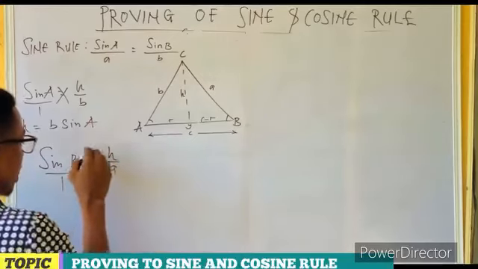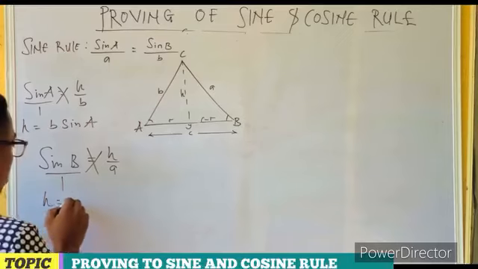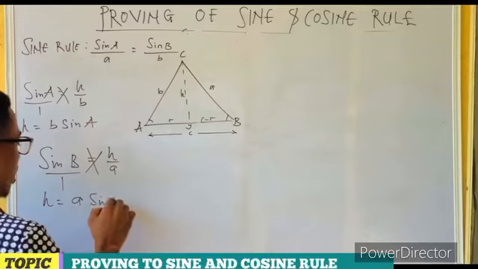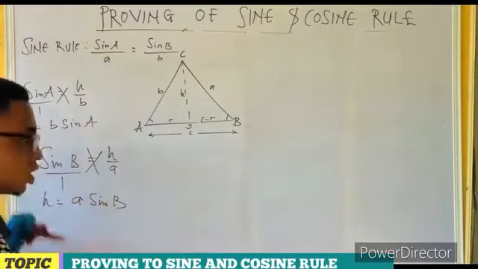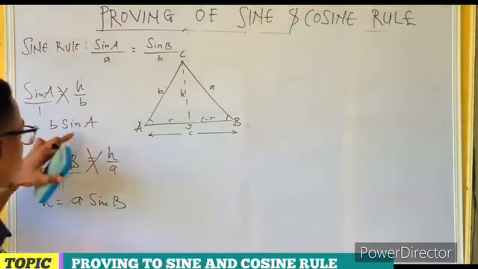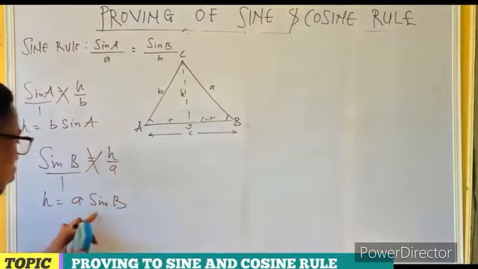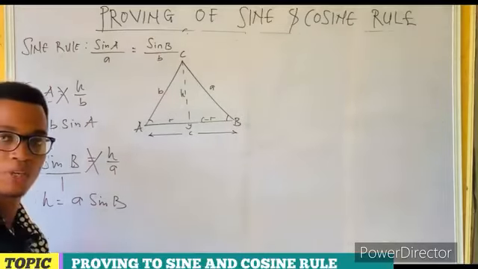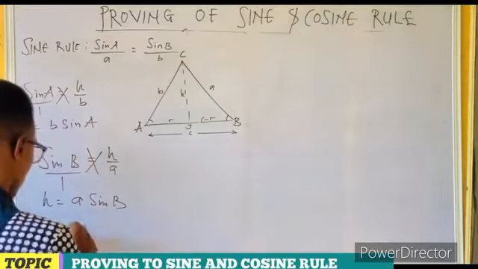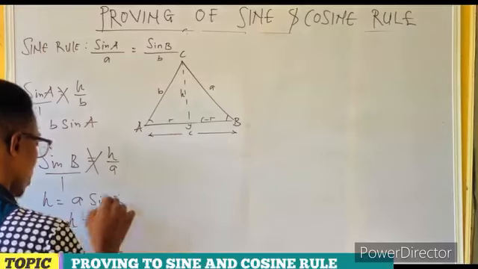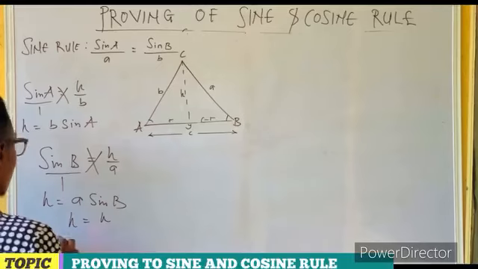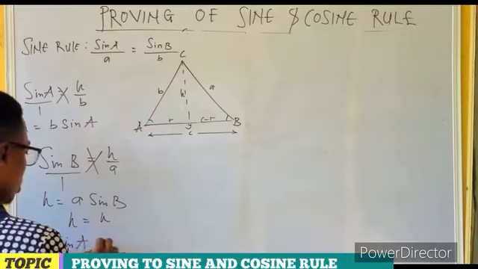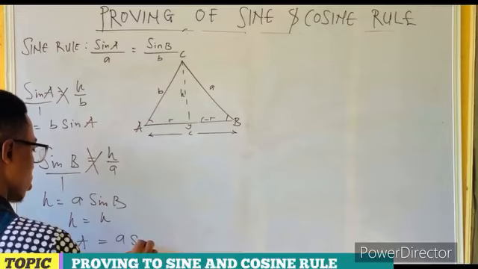We cross multiply as well, where we have h equals a sine B. If you look at these two equations, they are the same because h is equals to this and also h is equals to this, meaning that we can compare the two equations. h equals h. Now we have b sine A is equals to a sine B.